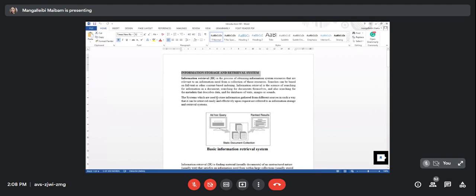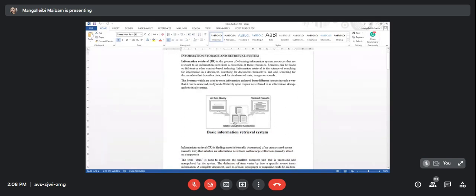We search for some information in a document, but we do not search the whole document. We search only the relevant document or relevant information.